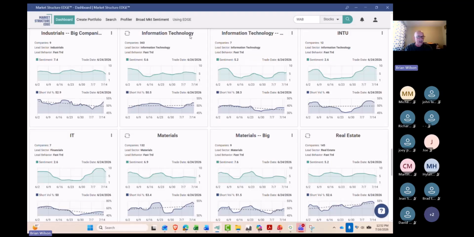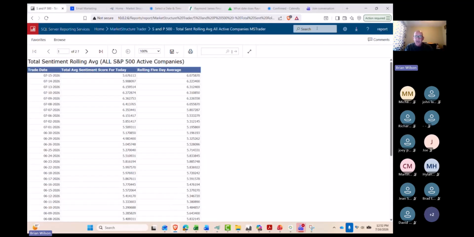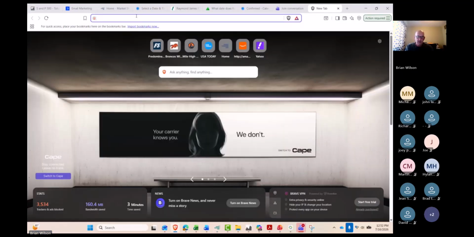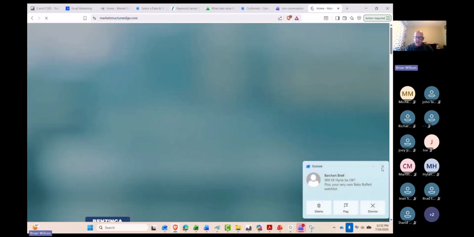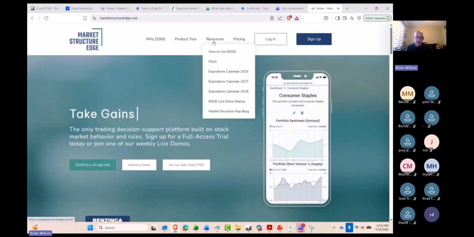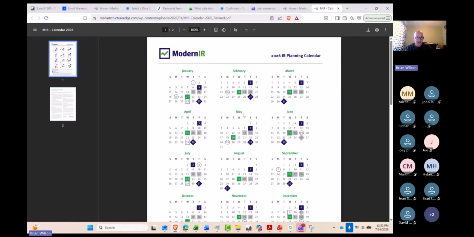And just a reminder for this particular item, let me go to a different site here to get you there. So on our Edge site itself, under resources, you can go to the expirations calendar.